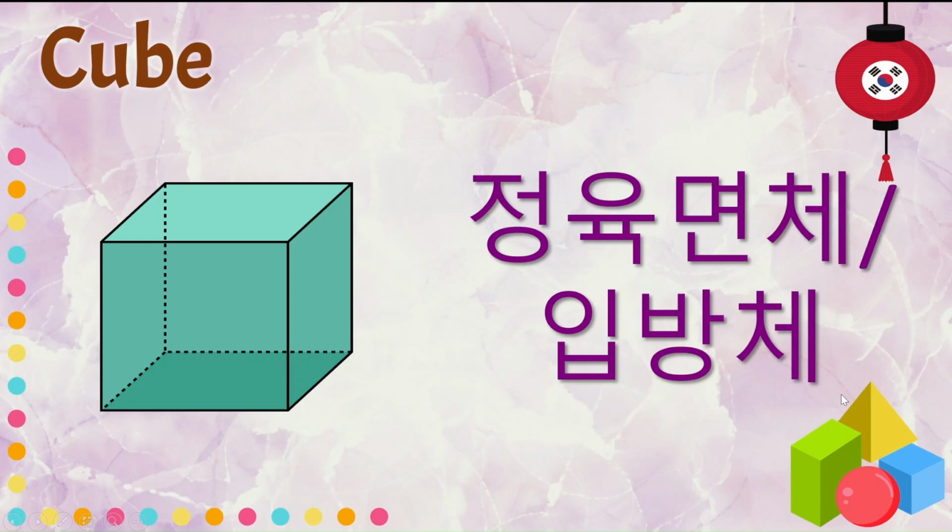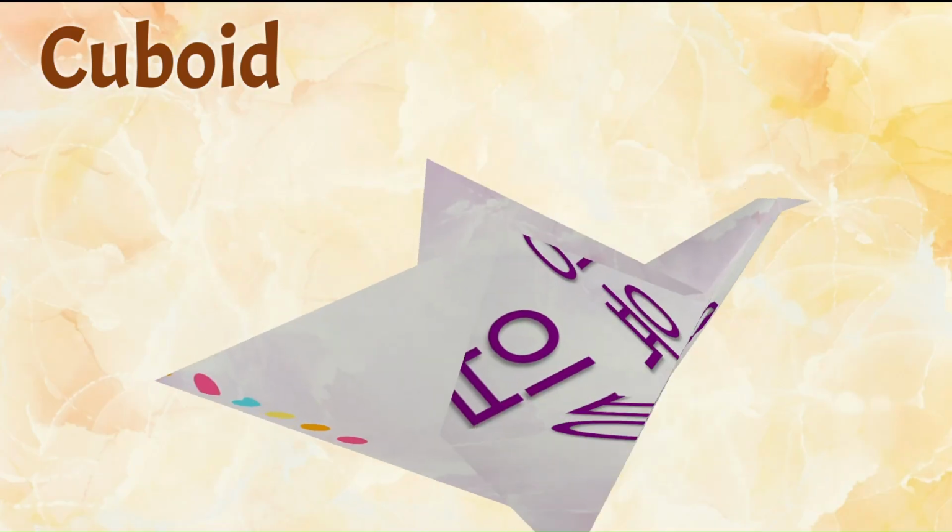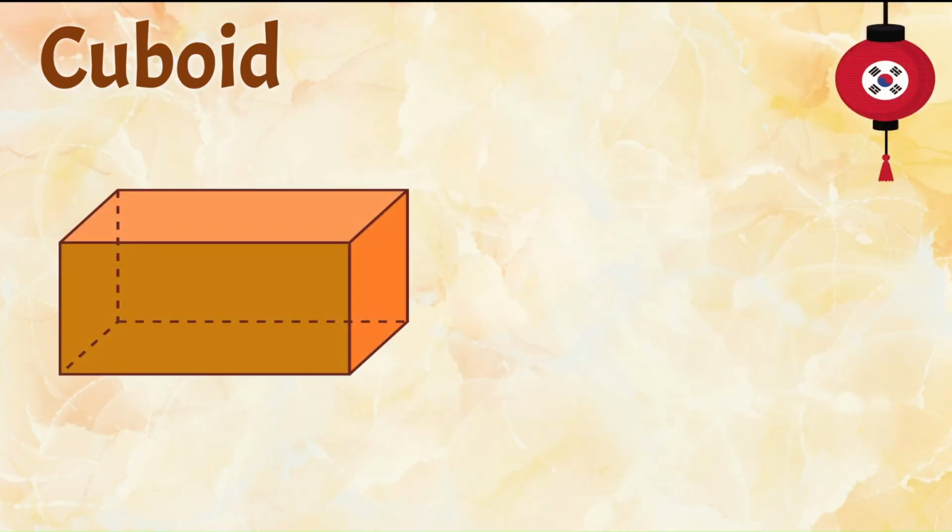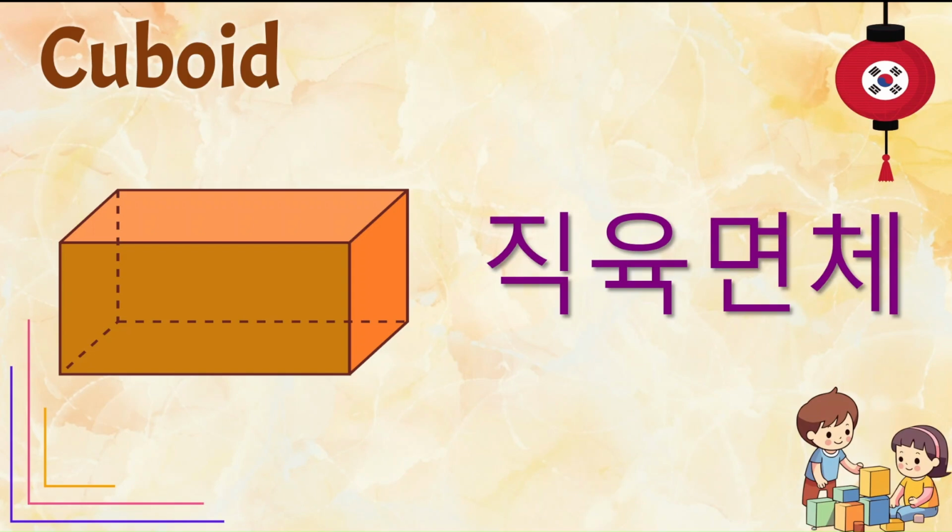입방체. Okay? Next is the Korean word for cuboid, and that is 직육면체. 직육면체. Here also focus on 육면, a shape with 6 sides or 6 faces is a cuboid or a cube.